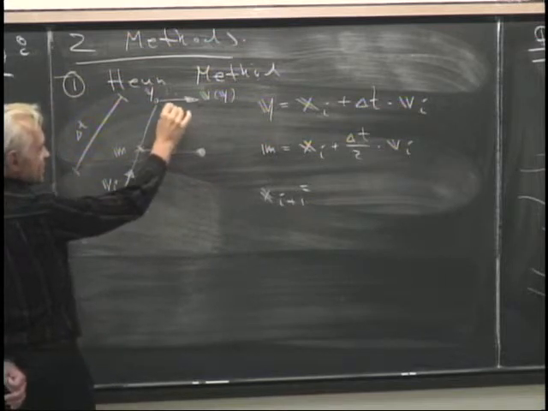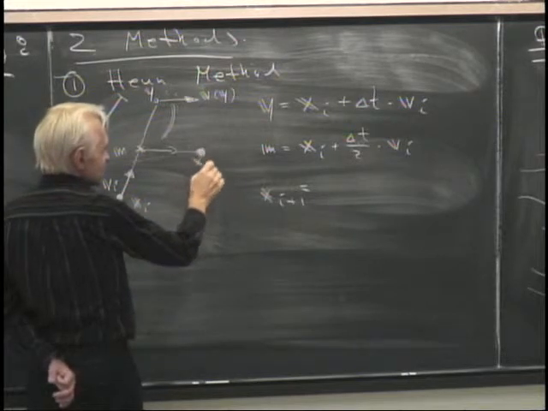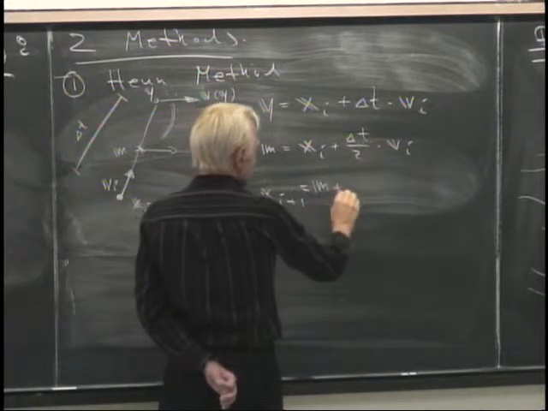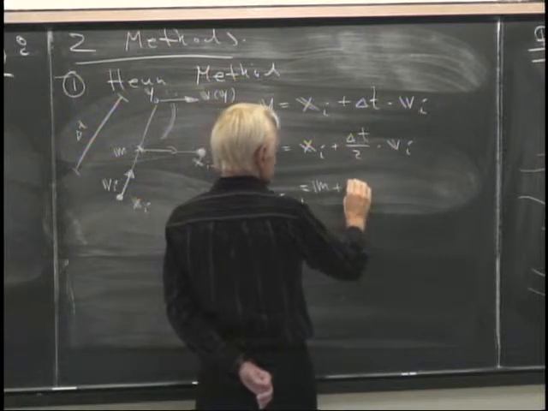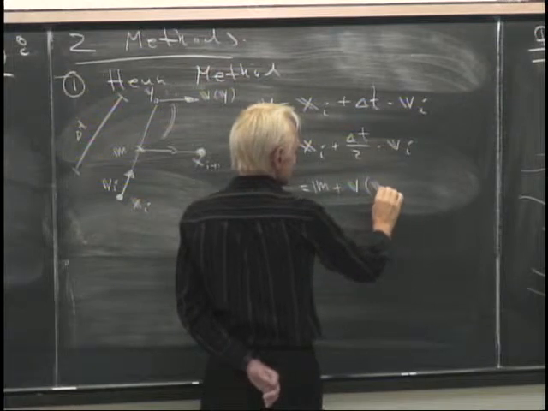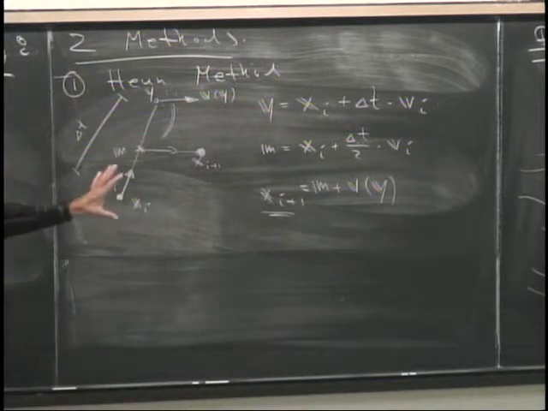These are the same, this vector is that vector. And this is my xi plus 1. xi plus 1 is my midpoint, m, plus the velocity I computed at my helper point, namely y. Okay, that's the way it's done.